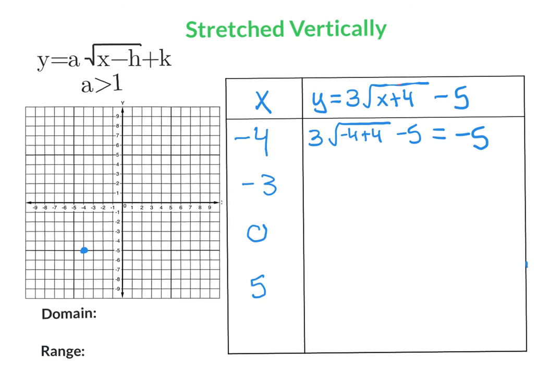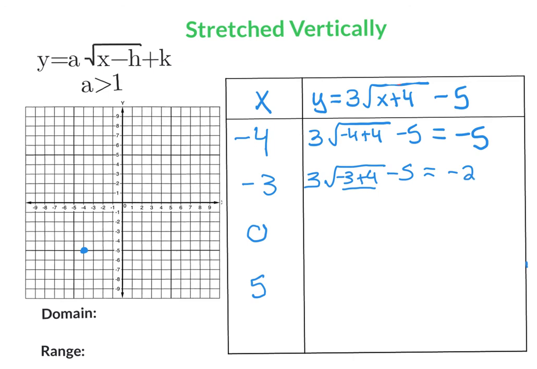Okay, next one. 3 times the square root of -3 plus 4, minus 5. So -3 plus 4 is 1. Square root of 1 is 1. 1 times 3 is 3. 3 minus 5 is -2.